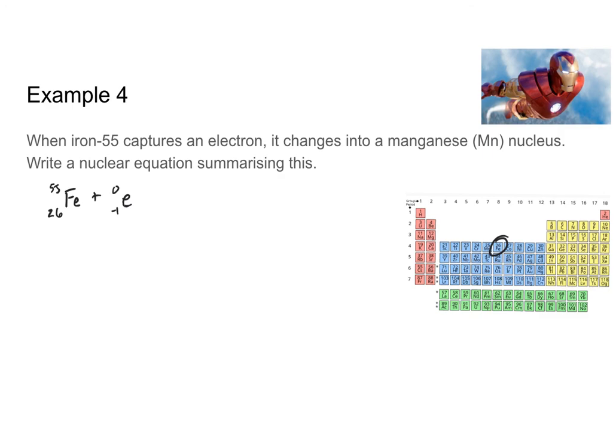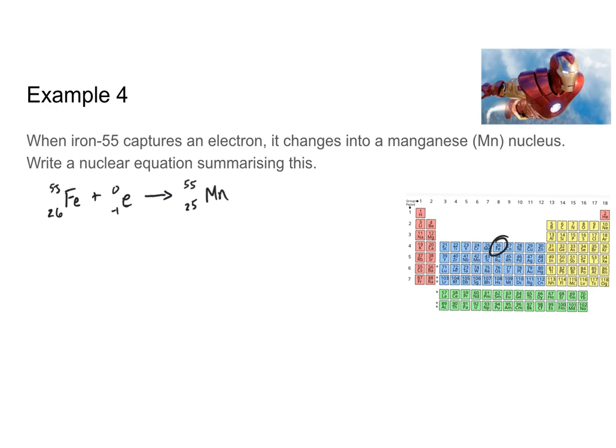So what we're going to do is start with an iron nucleus and an electron. And we're going to end up with something with the same charge, but with atomic number 25, giving us manganese instead. So here is our nuclear equation for electron capture.